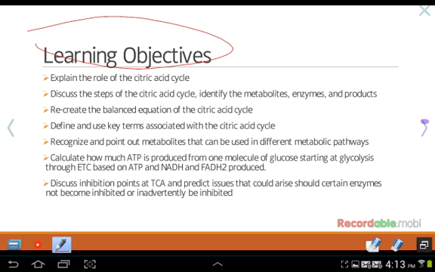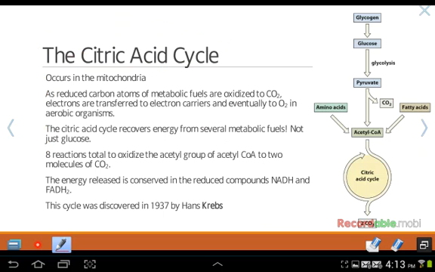Let's continue on. The citric acid cycle is our next step in the metabolism of glucose. We can start from glycogen, get glucose, and go through glycolysis to get pyruvate.